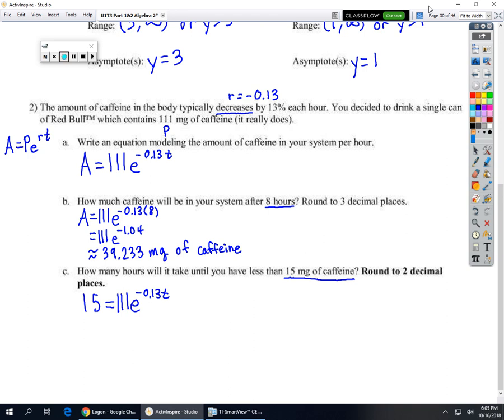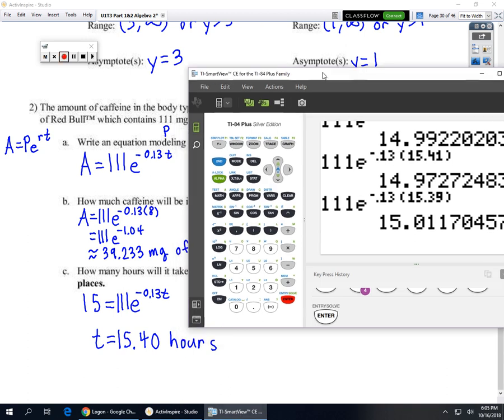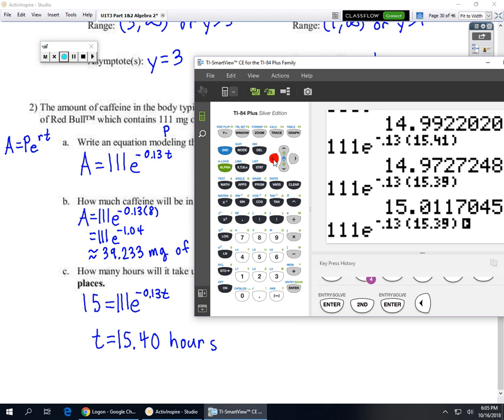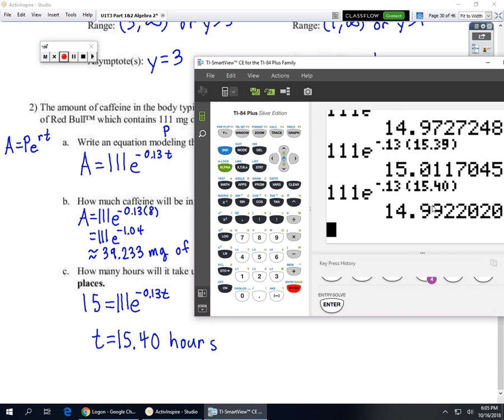So t is at about 15.40 hours. Again, this is because if I put in 15.39, I get a little bit over 15, but once I go to 15.40, then I finally pass that 15 mark.